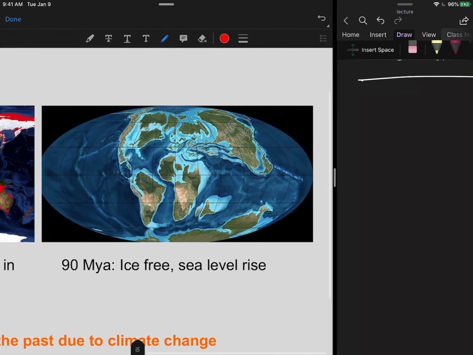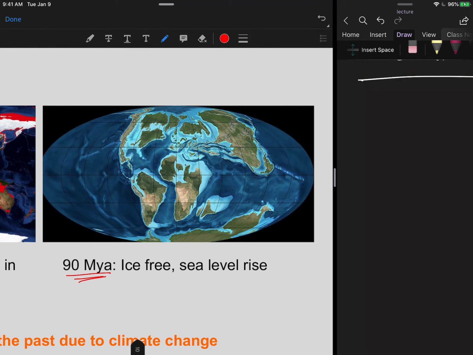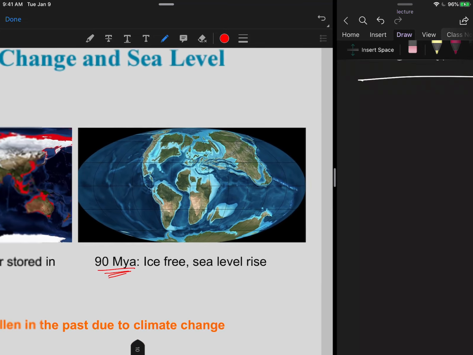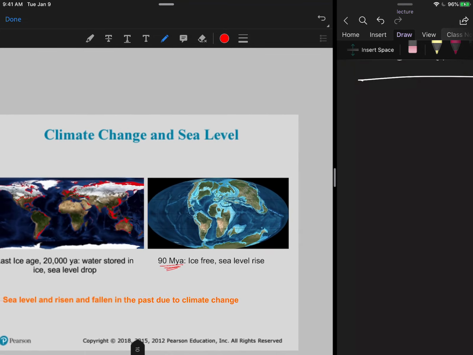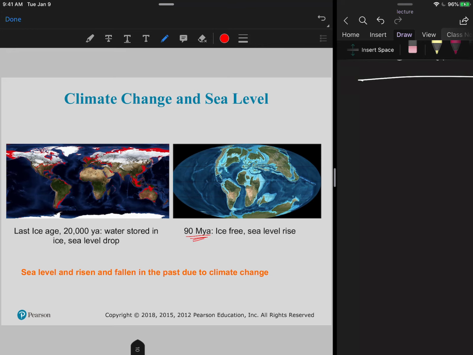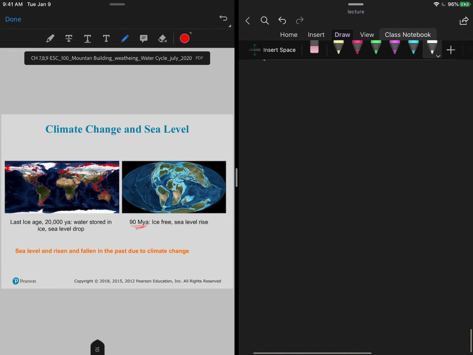And this is 90 million years ago, when the globe was ice-free for a while. So the increasing and decreasing of the amount of ice on the surface of the Earth relates to the height of sea level. We'll see that in the next chapter.